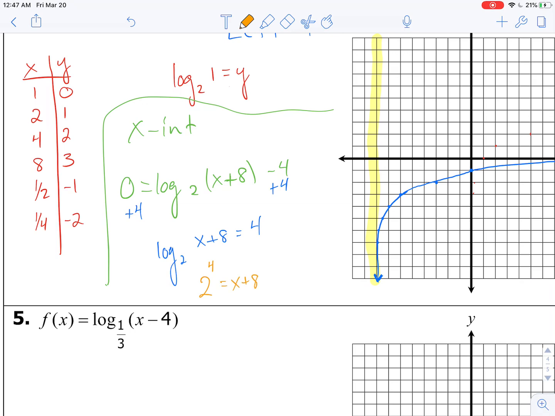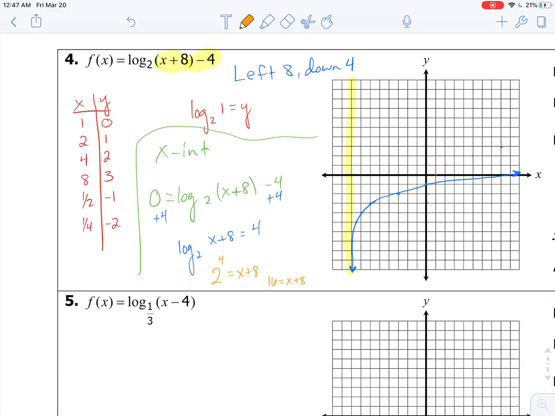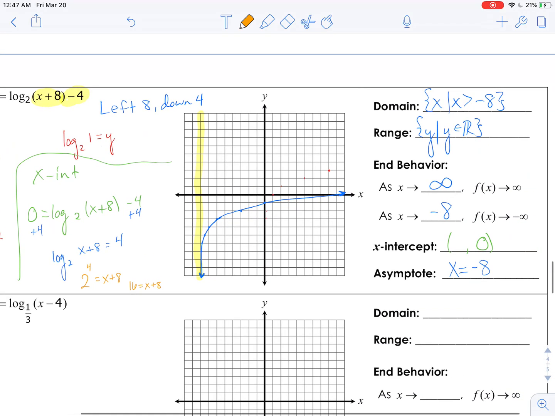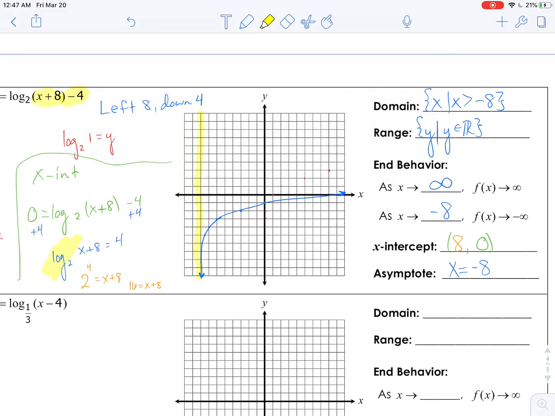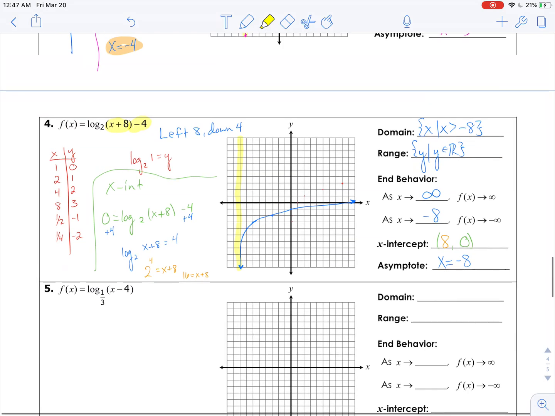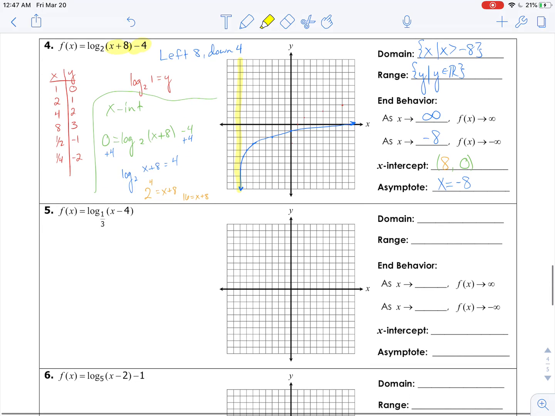So 2 to the 4th is x plus 8. Or 16 is x plus 8, which means x must be 8. So you've got to know this really crucial step here of writing your logarithm as an exponent, identifying that anytime I have a log equal to a number, write that in exponential form.